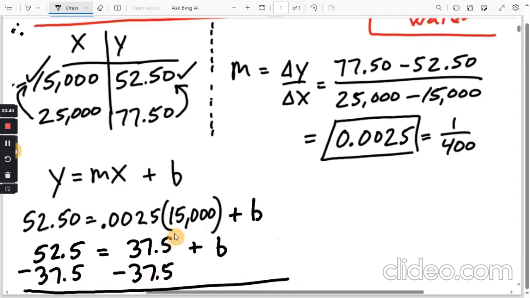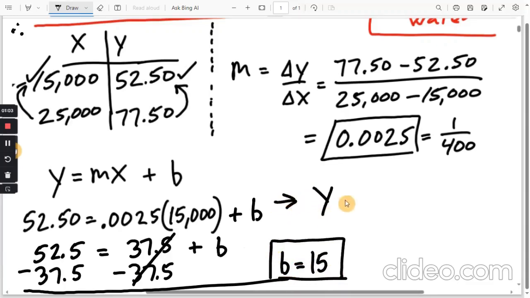And it cancels here. And I'm out of room here, but 0.5 minus 0.5 is 0, and 52 minus 37 is 15. So basically, b equals 15. All right, and now we can finish the equation for y equals mx plus b. Y equals m, which is 0.0025, times x plus b, which is 15.